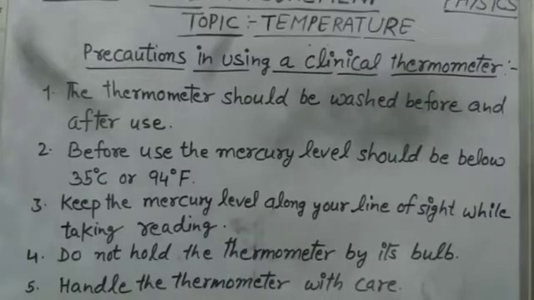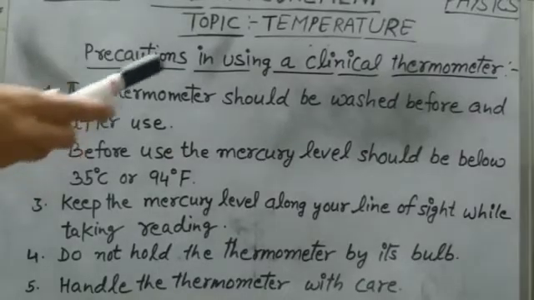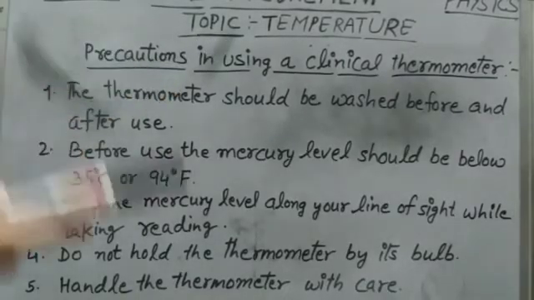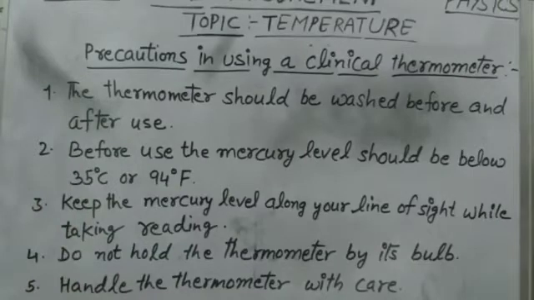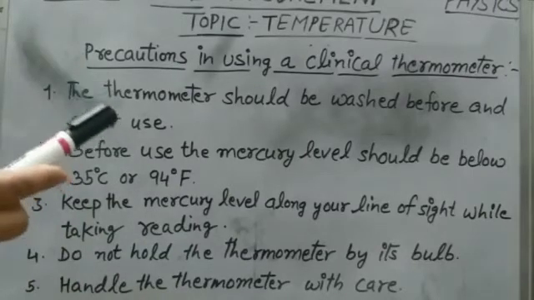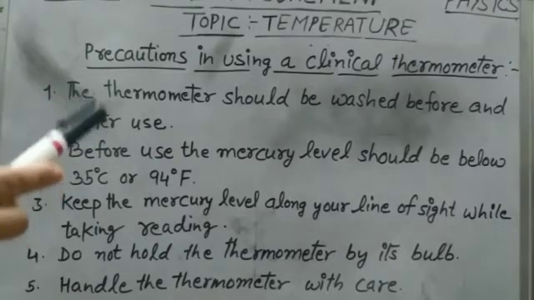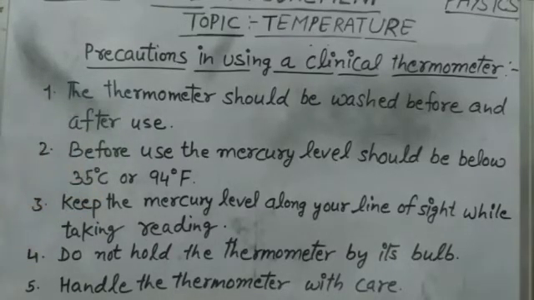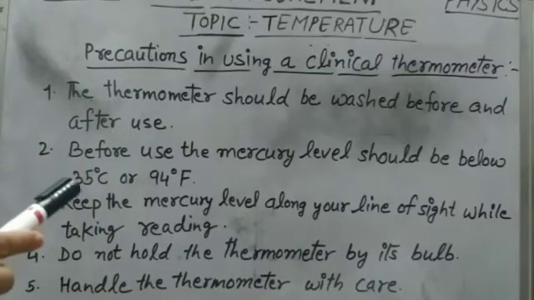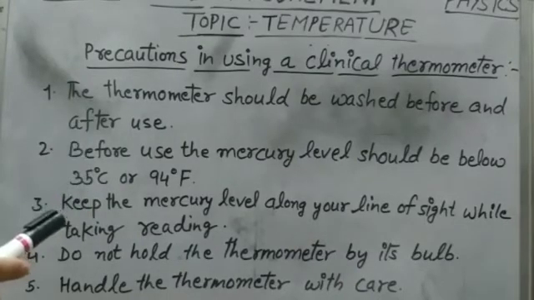Now, precautions in using a clinical thermometer are: number 1, the thermometer should be washed before and after use. Number 2, before use, the mercury level should be below 35 degrees Celsius or 94 degrees Fahrenheit.